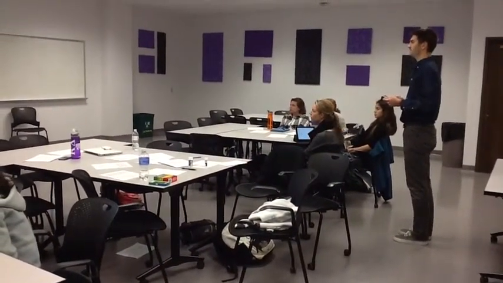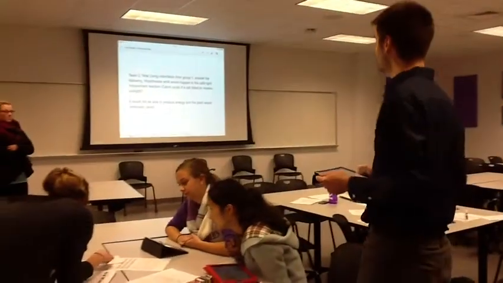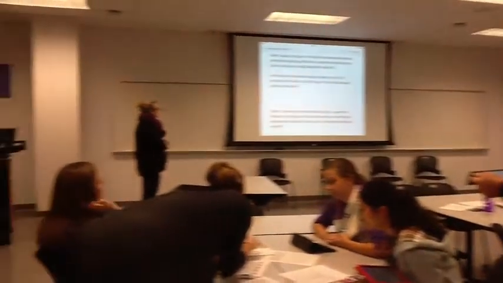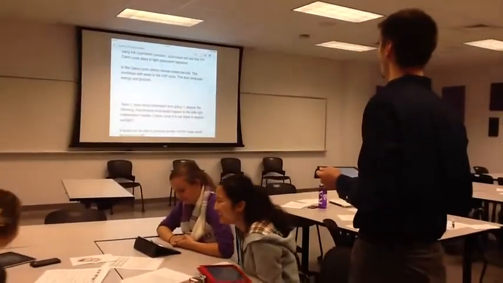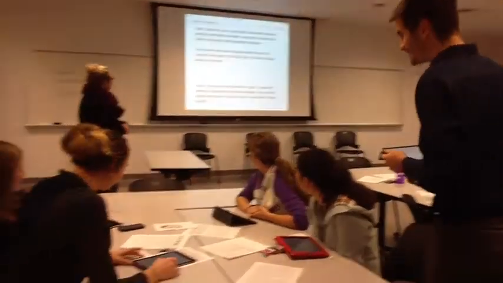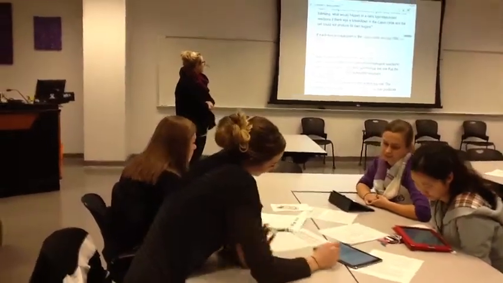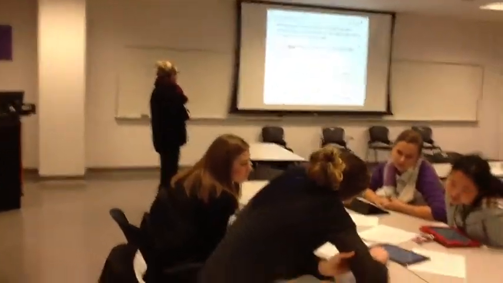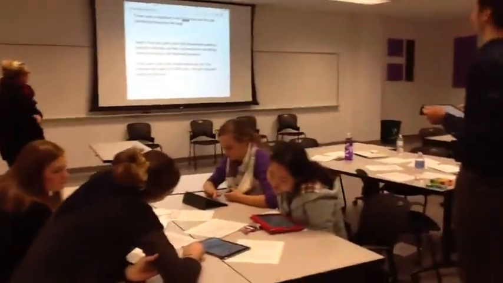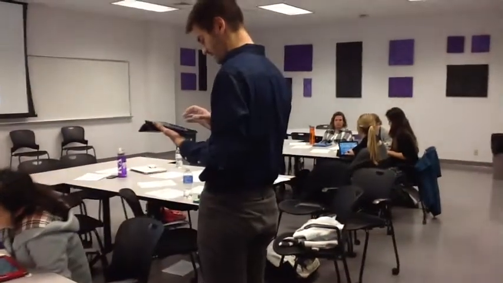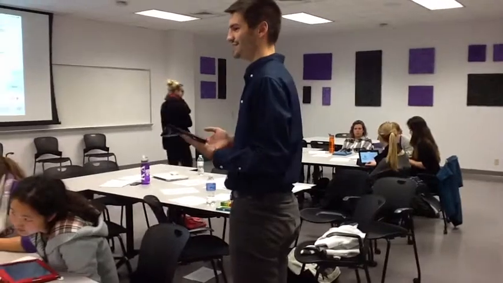Yep, so now group three. So now group three, you guys just need to use team one and two's information. When you get stuck, I can even give you hints without saying anything.